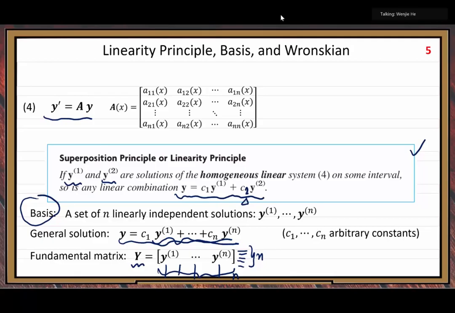The basis is not unique. You can easily find a different basis. For example, suppose we already have a fundamental matrix. If you multiply it by 2, is it another fundamental matrix?